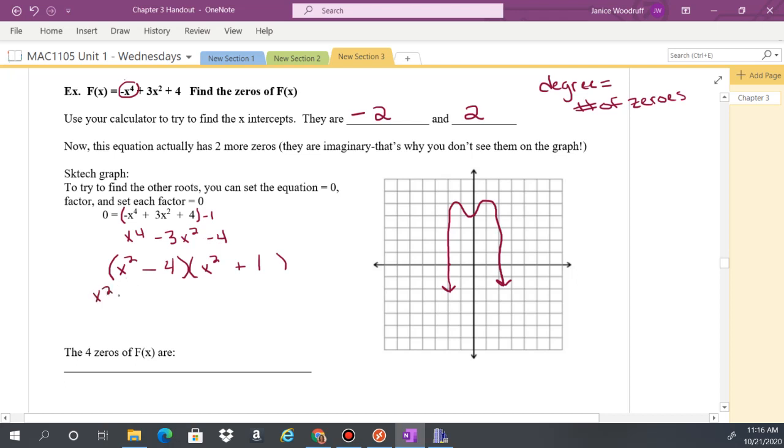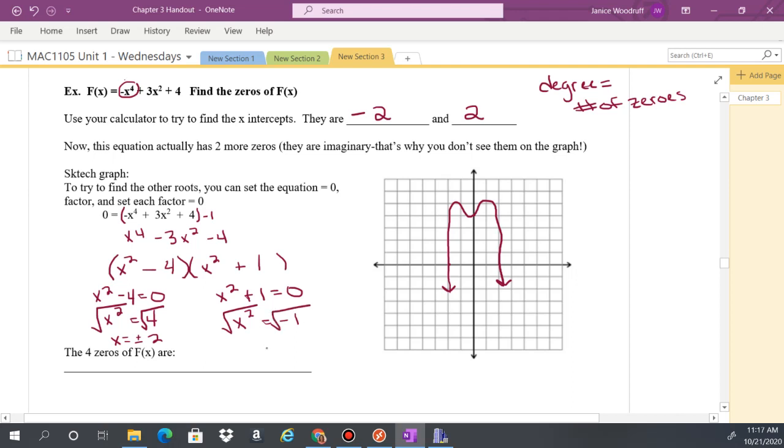Then take each factor and set it equal to 0. So you get x^2 - 4, which gives you x^2 = 4. That's where the plus and minus 2 come from, the square root of 4. Then your other zeros: x^2 + 1, set that equal to 0. That gives you x^2 = -1. Then take the square root of -1.